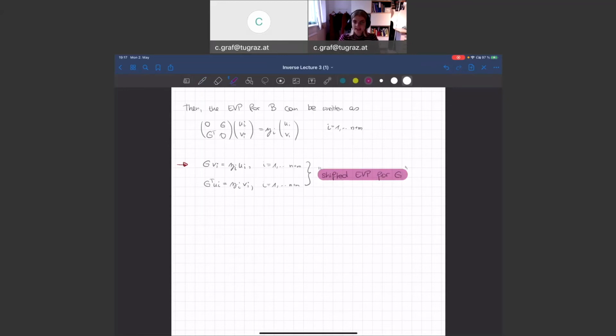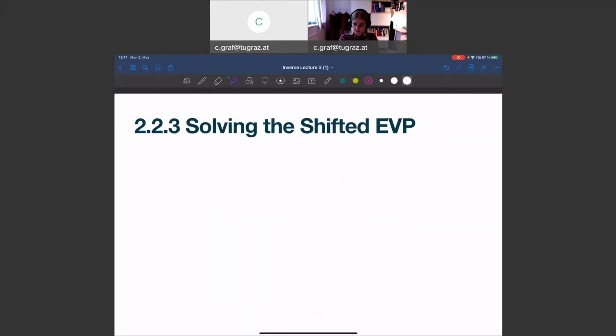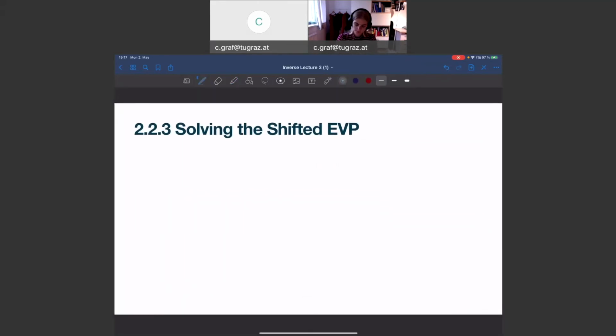Next obvious thing, we would like to solve this shifted eigenvalue problem. So we start with the following procedure. And just to have it in mind, let us write down here what the shifted eigenvalue problem was.